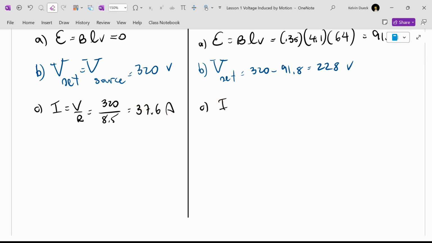Here, current is going to be V, but it's the net voltage over R. So it's going to be 200, it wasn't 228, what was it? 220 something point something. Okay. So I'll write 228, but I'd use my answer button. Divided by 8.5. How many amps now?